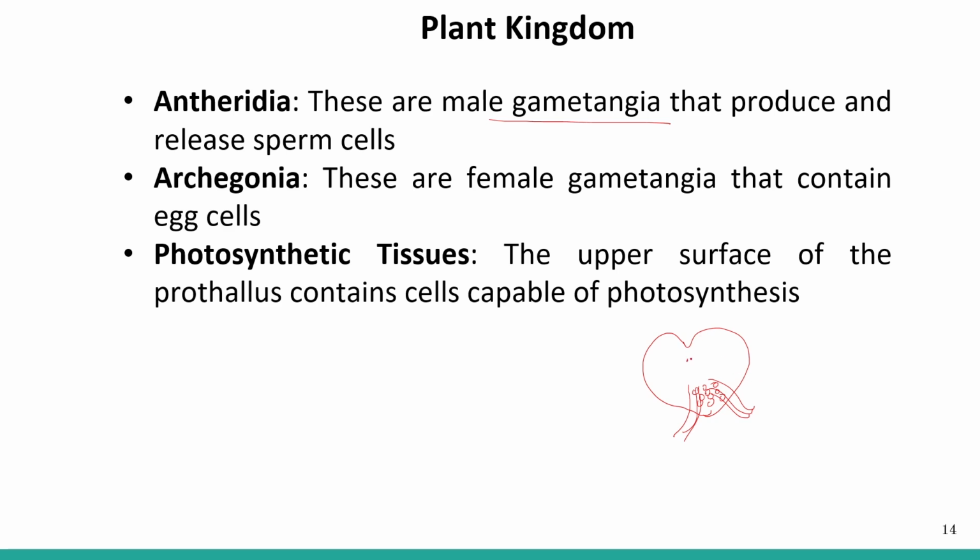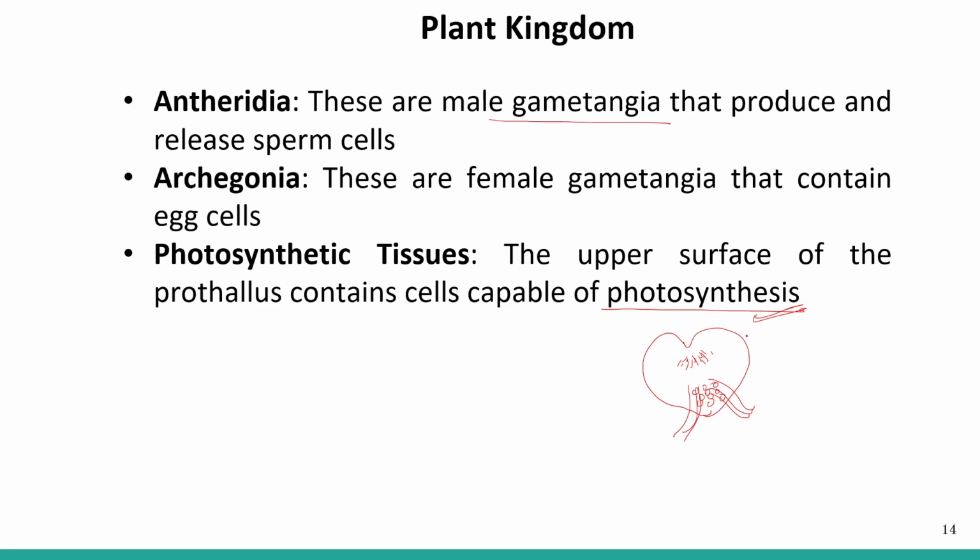At this part, female structures are present, which are called archegonia. The upper surface of the prothallus contains cells capable of photosynthesis because they have chloroplasts, and inside the chloroplasts chlorophyll is present. So they can perform photosynthesis.